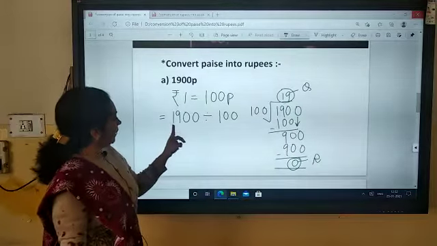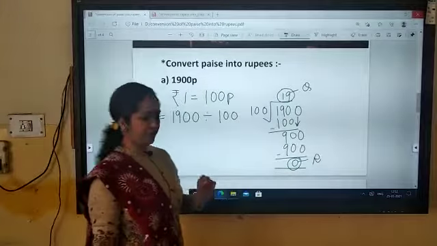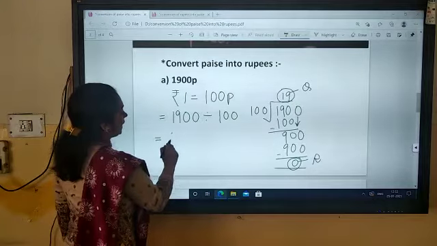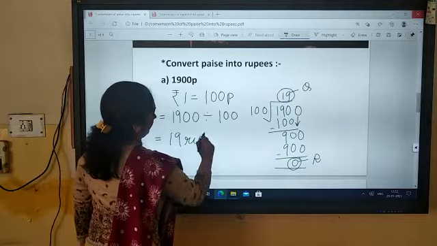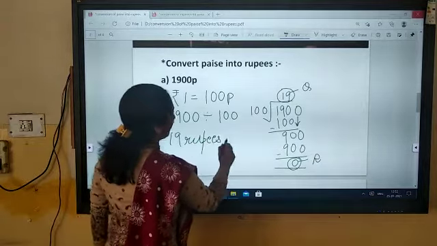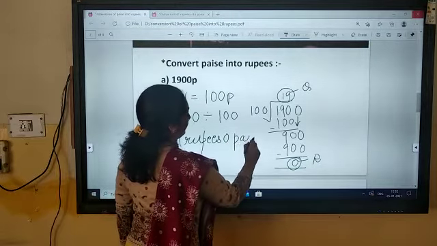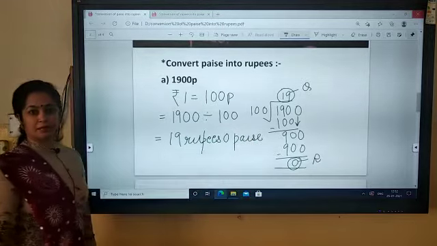So when we divide 1900 paise by 100, we get 19 rupees and 0 paise. This is the long form of money.